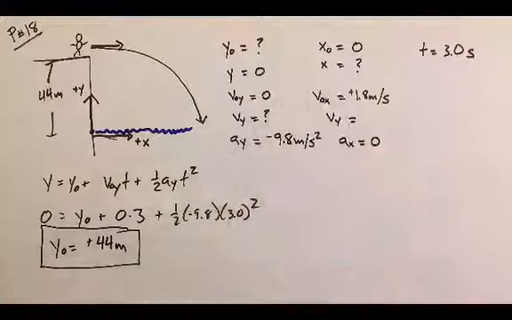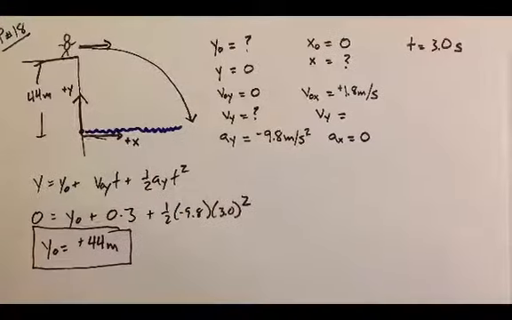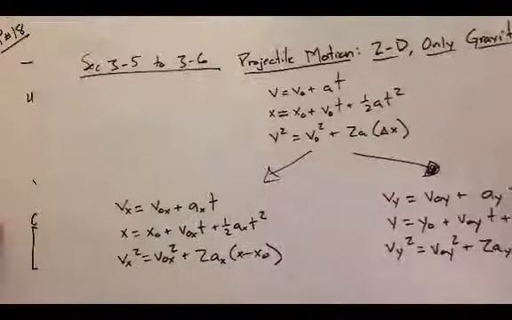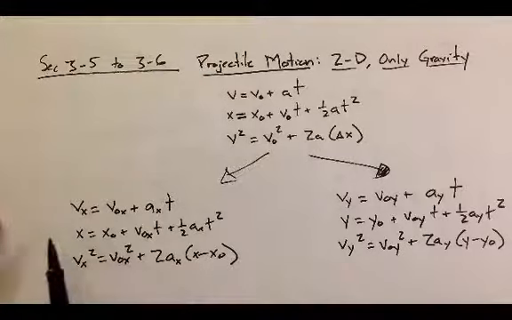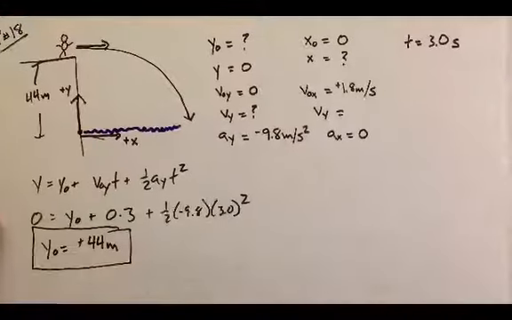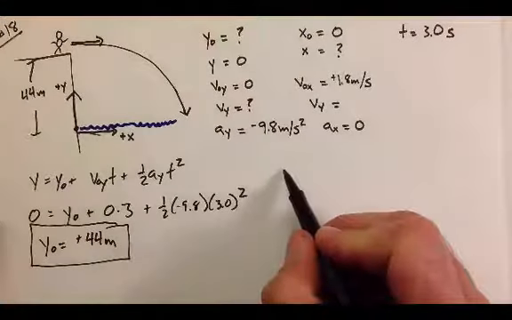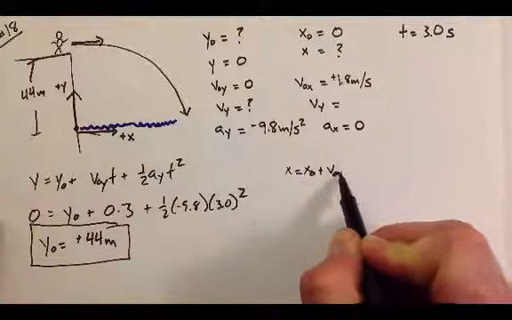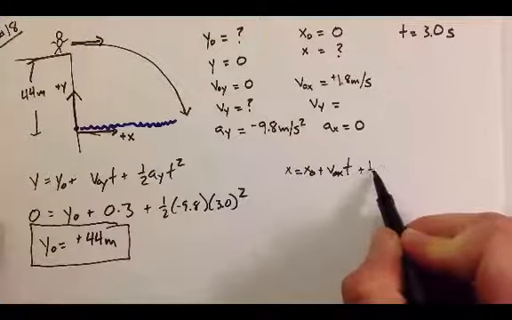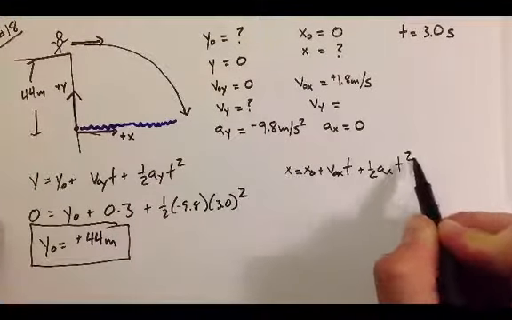So what is final x here? All right. Well, I have two equations with final x in it here. And I'm going to use this one. Okay. So that would be x is equal to x naught plus voxt plus 1/2 axt squared.